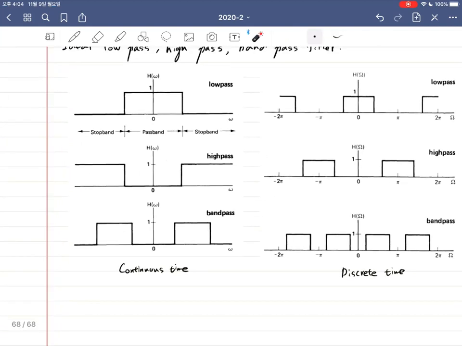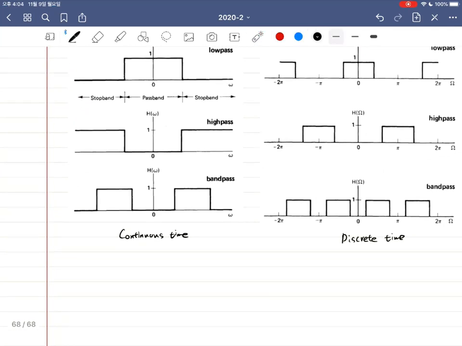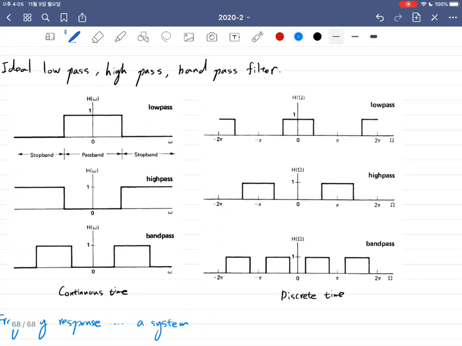That's why we use the notation H for both continuous and discrete time. Recall that frequency response is the Fourier transform of impulse response. So you can say it's a system. You have an input, and the output will be the result of that filter. And you already know the difference between these two.